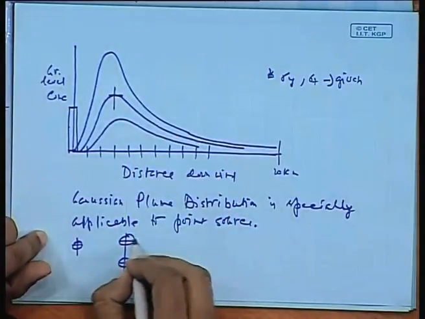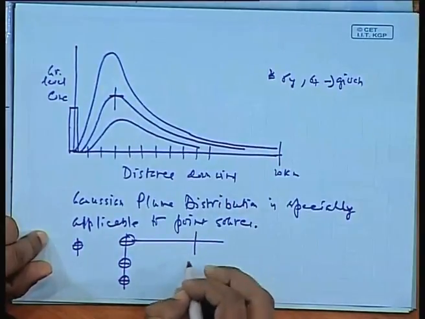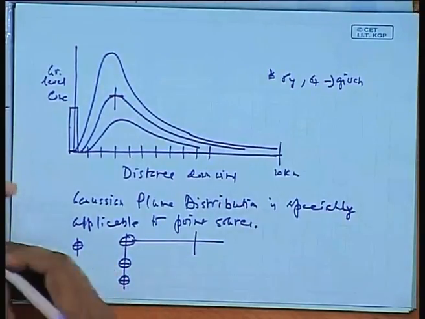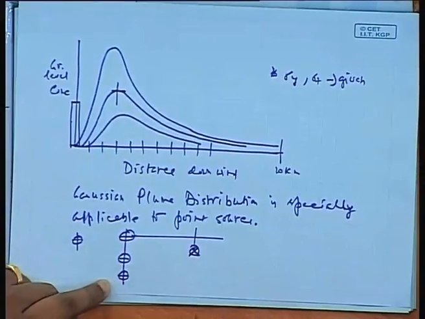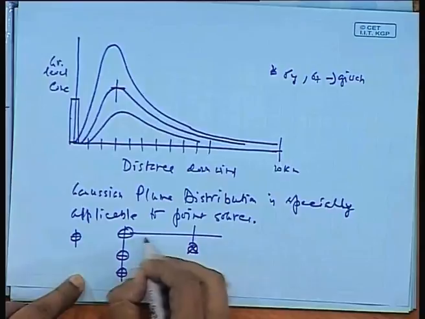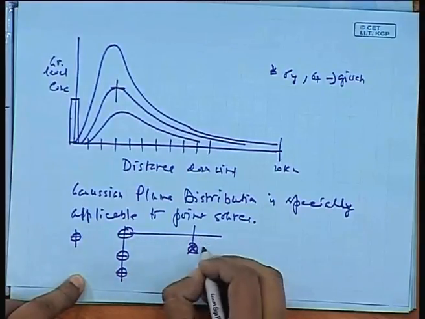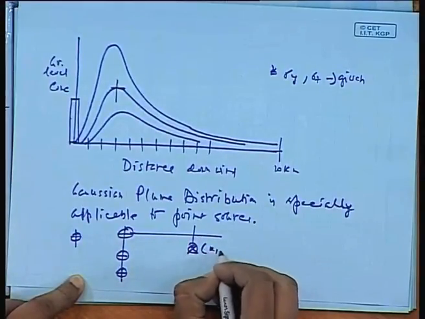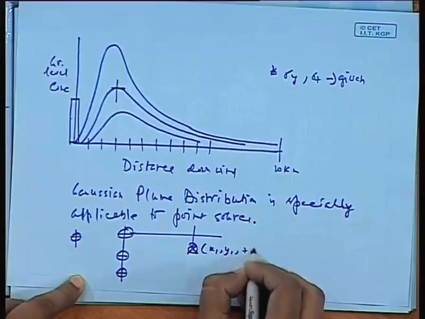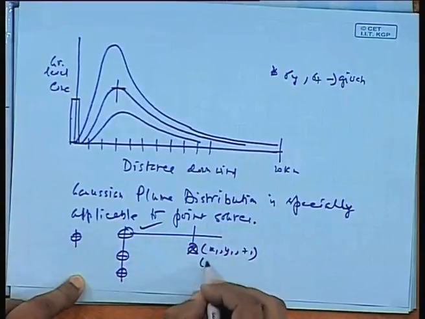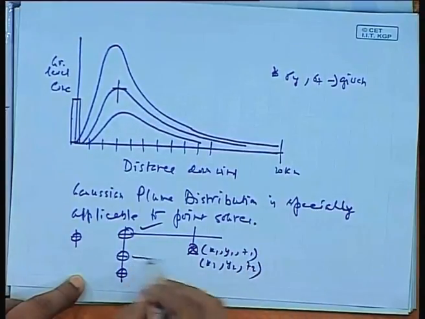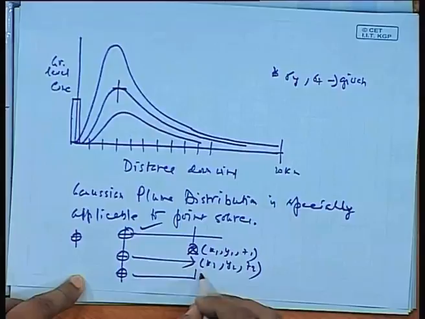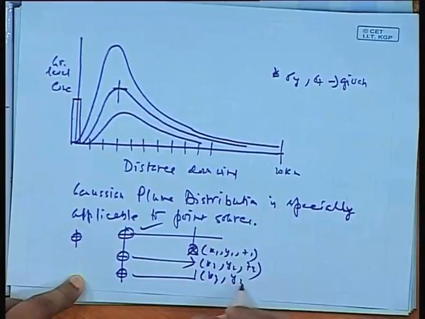So here, if we are trying to find the concentration value at this point, the manipulation you are going to do is this: this one is x1, y1, z1 for this curve, this would be x2, y2, z2 for this curve, and this one would be x3, y3, z3.